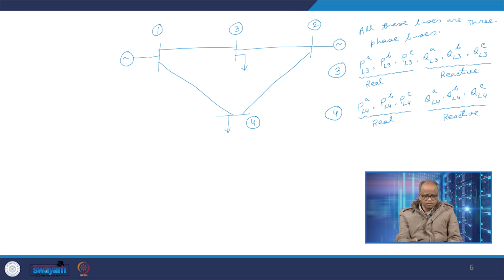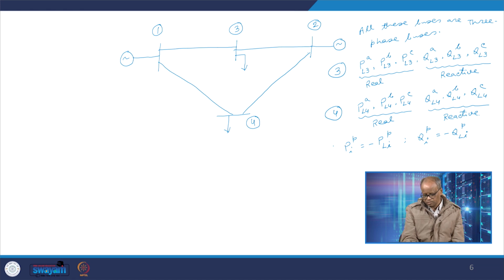Now please note, if there is no load at any bus corresponding to any phase, we will say that these loads are 0. We are also assuming that at bus 3 and bus 4 there is no generation. So for all these buses, PIP is equal to minus PLIP, and QIP is equal to minus QLIP.